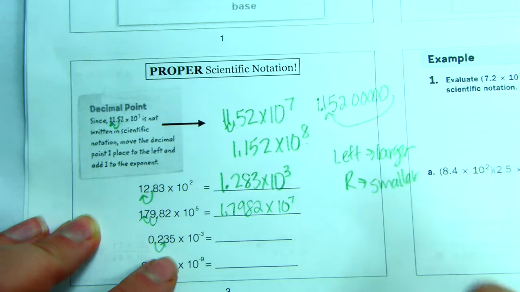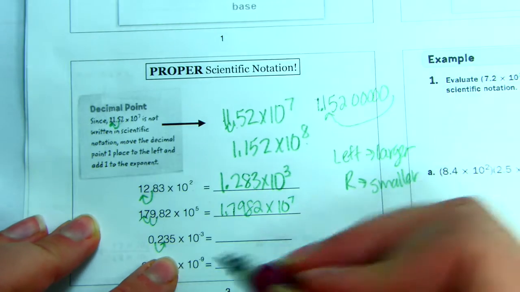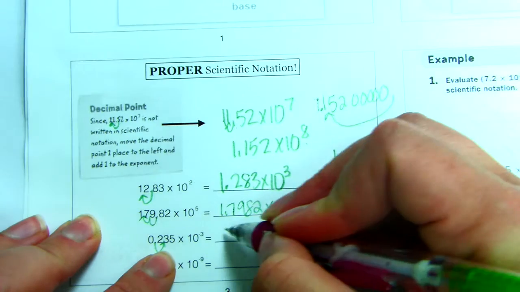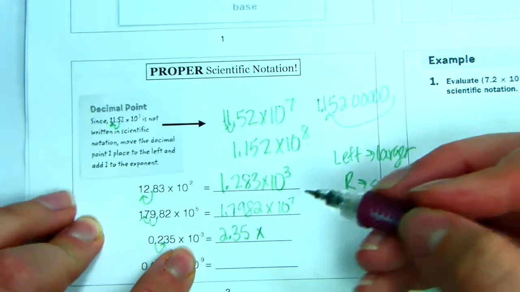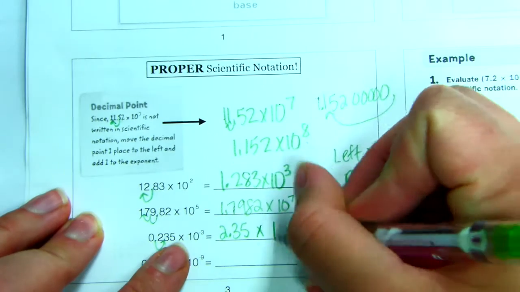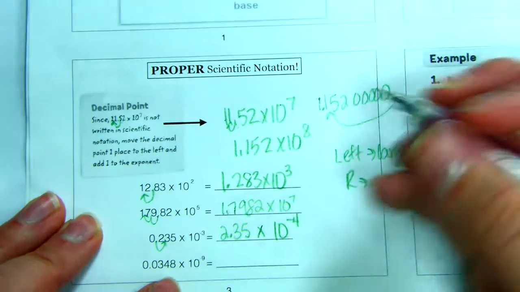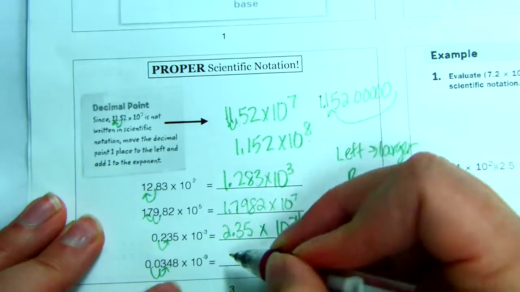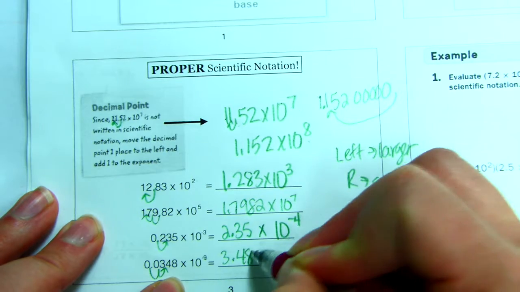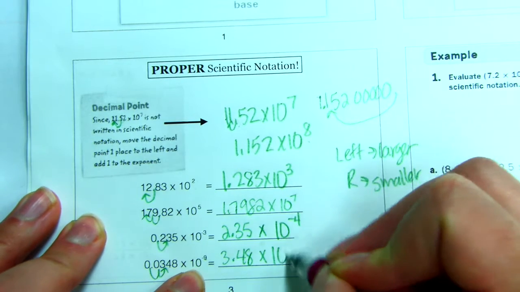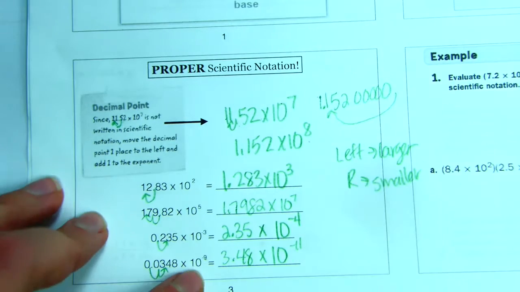This one we need to move to the right, so our exponent is going to get smaller. Now this is a negative 3. To get smaller, when we're talking about negatives, that becomes more negative, so 10 to the negative 4. This one we move 2 spots to the right. That is negative 9. So 2 spots smaller is actually negative 11.